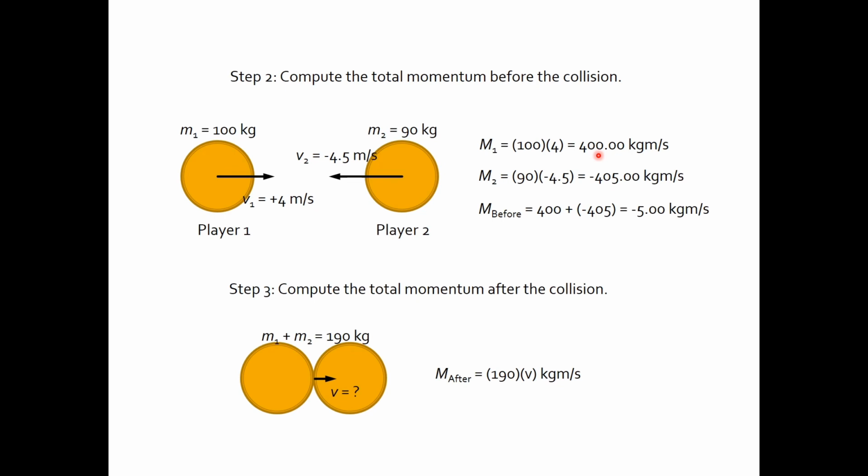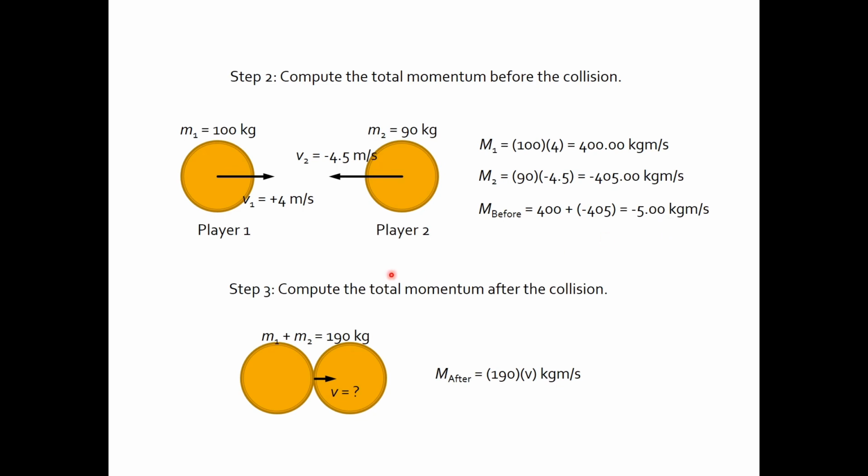And then the momentum coming from player 2, his body mass and his velocity, is negative 405 kilogram meters per second. This is negative, right, because he is moving in the negative direction. So we define this way as positive and the other way as negative. Then add these two, and the total linear momentum before collision will be negative 5 kilogram meters per second.